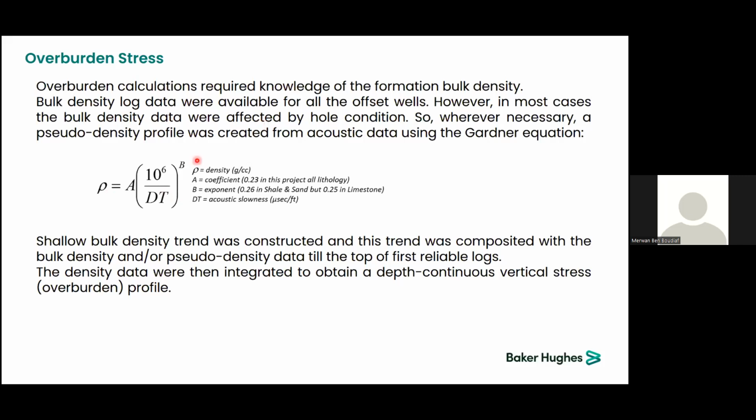This is one of the generic equations that we can use in order to calculate the density from the acoustic slowness, with the two coefficients and exponents, 0.23 for A and for B, for example. We need to vary these a little bit if we are going into shale and sand, or if you are working in limestone.